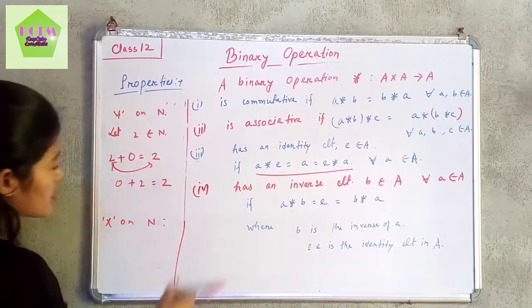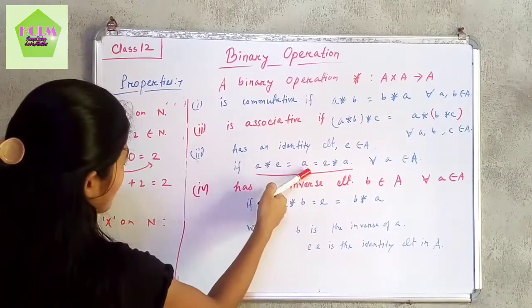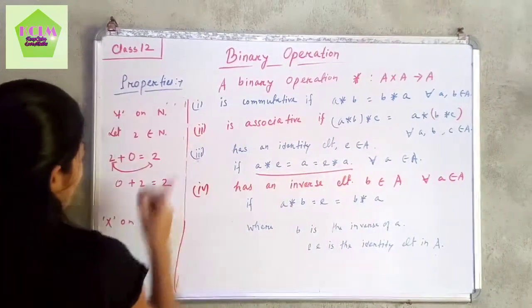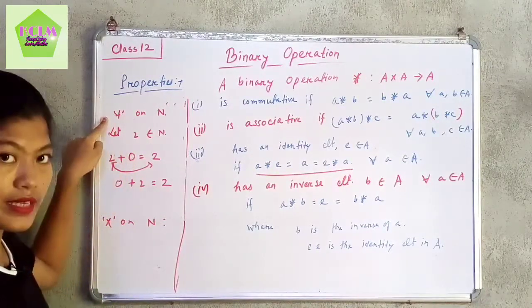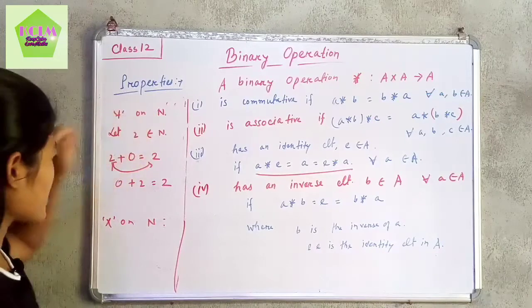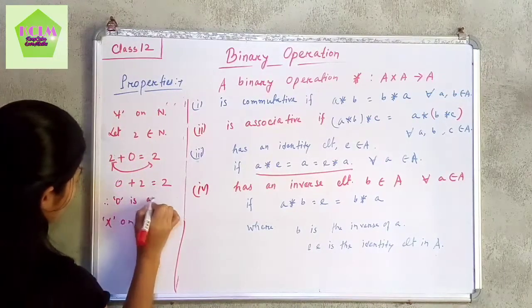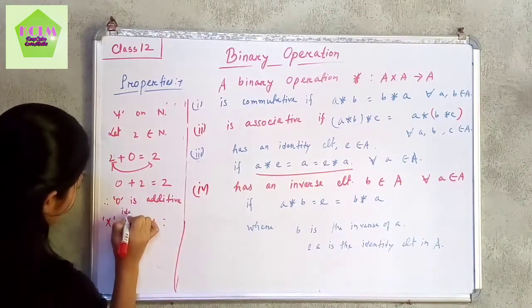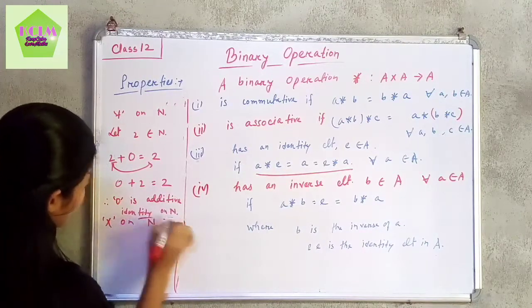Since A star E equals A itself equals E star A for all elements in A, therefore 0 will be the additive identity on the set of natural numbers. So 0 is the additive identity on the set of natural numbers, right?